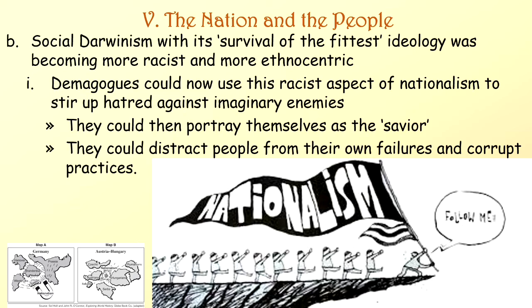Social Darwinism, with its survival of the fittest ideology, was becoming more racist and more ethnocentric. And demagogues could now use this racist aspect of nationalism to stir up hatred against imaginary enemies. They could then portray themselves as the savior, and they could distract people from their own failures and corrupt practices.